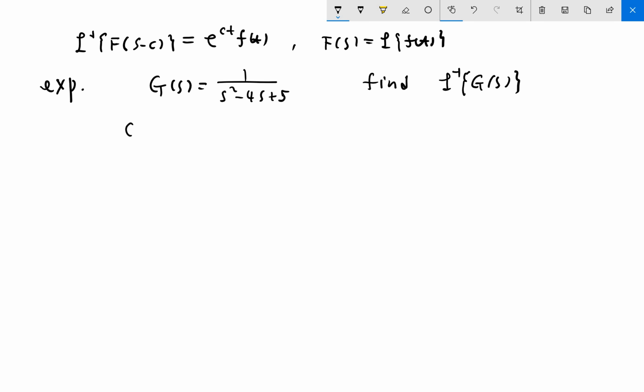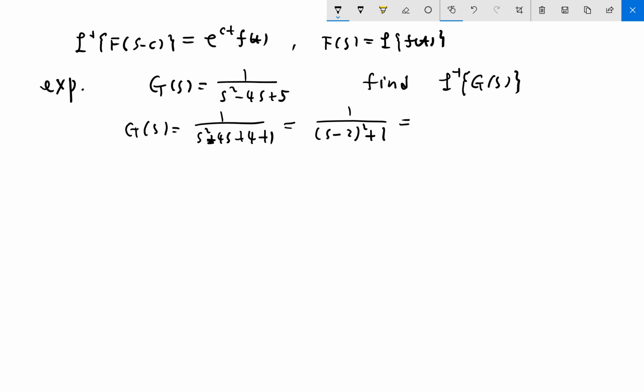First of all, Gs can be written as s squared minus 4s plus 4 plus 1, right? We didn't change anything. This one can be written as s minus 2 squared plus 1. So we give a name for that.